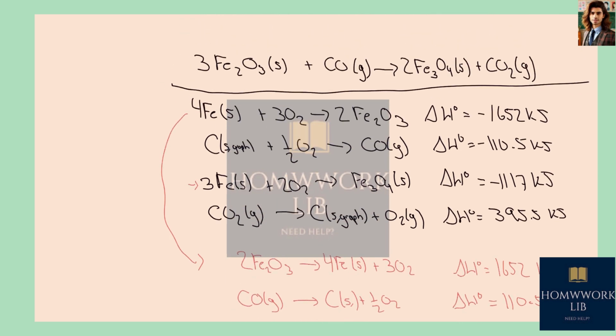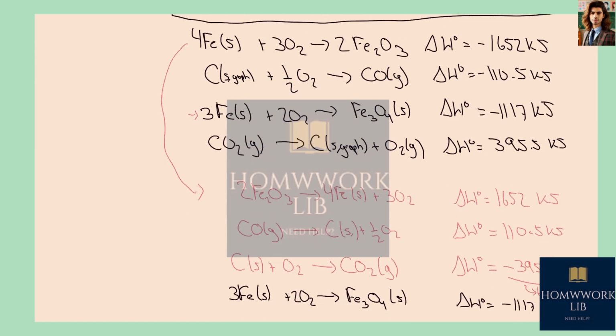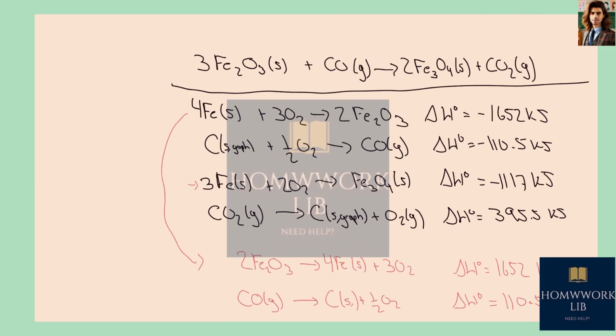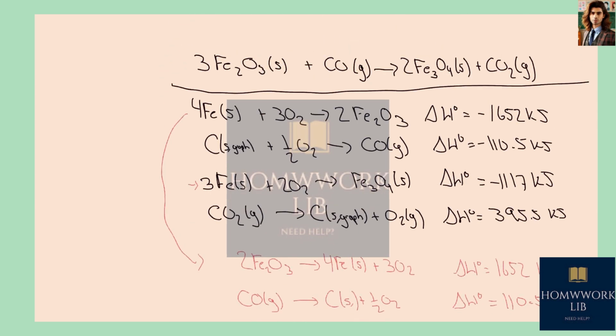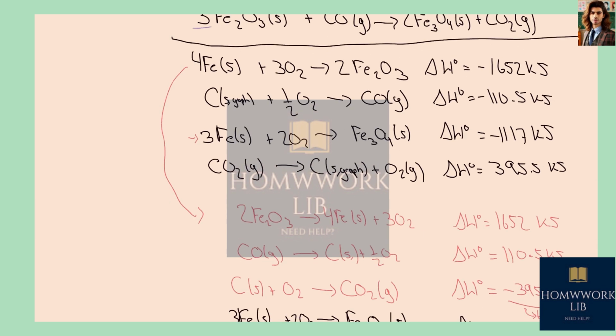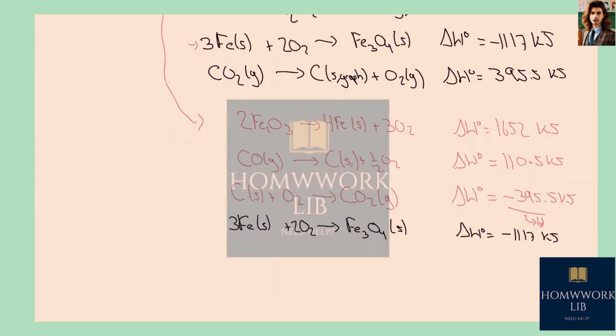Okay. So now, finally, what I need to do is to make the coefficients match up. So, for example, I'm going to employ purple to write down what is the correct amount that I should get on each of these. So in the case for Fe2O3, what I want is a 3 in my reaction, right? But right now I have a 2. How do I get rid of that?